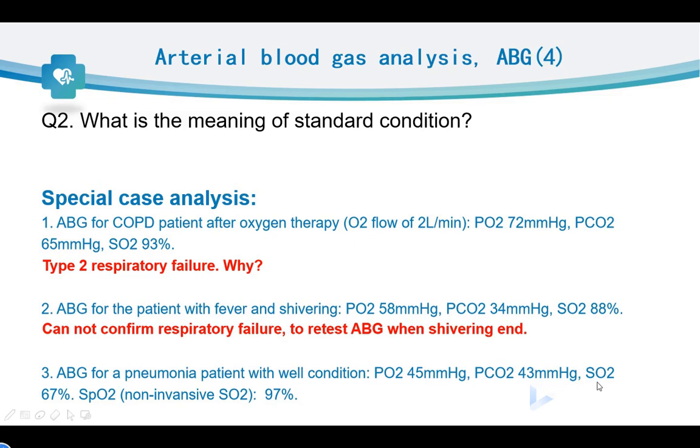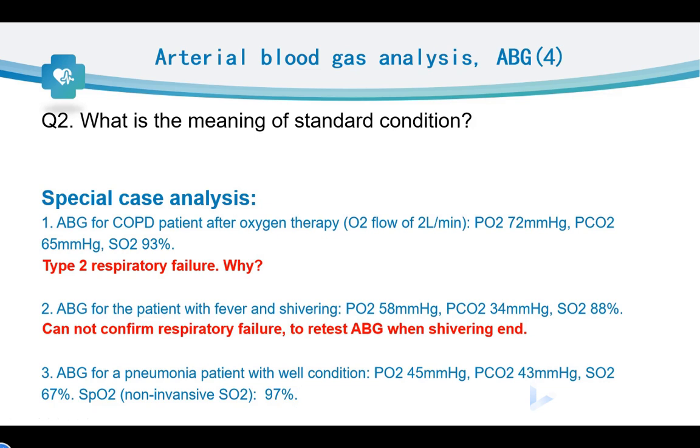The oxygen saturation in arterial blood is 67%, but the oxygen saturation at the finger, which means the non-invasive oxygen saturation, is 97%. In this condition, what can we conclude?